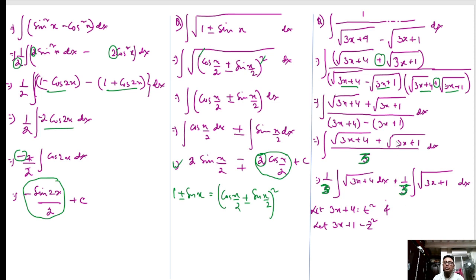Okay, so now it is root over 3x plus 4 plus root over 3x plus 1. Let us take 3x plus 4 as t² and 3x plus 1 as z². So now see what happens.